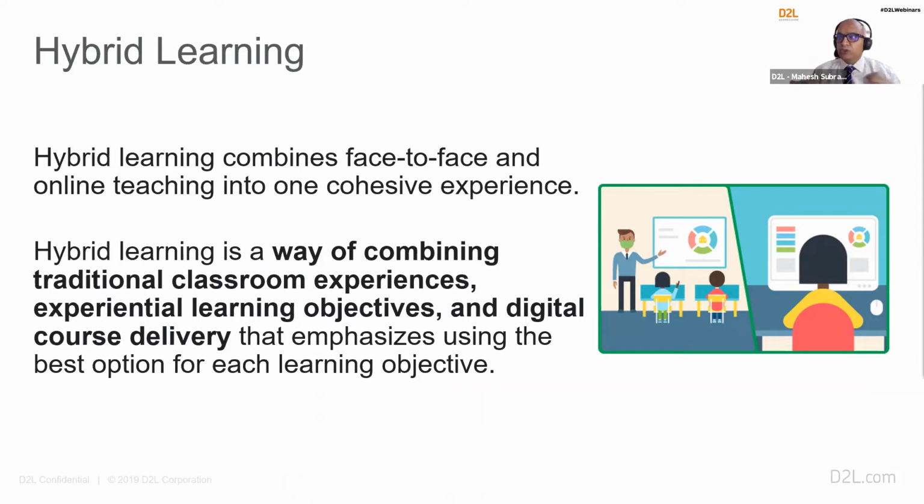So none of the students are disadvantaged because they are not in the classroom or they are online, right? So there is a bit of equity in the entire classroom structure, irrespective of where you are. So it is taking traditional classroom methods, traditional classroom experiences, and using digital delivery, course delivery, right?